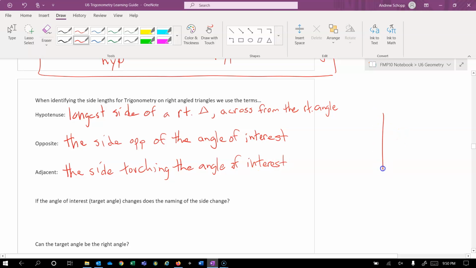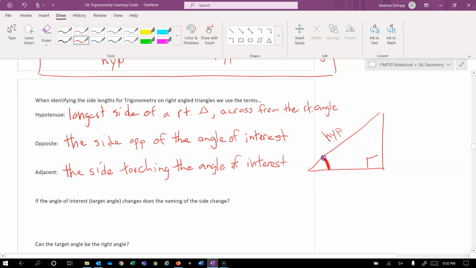So if we have some right triangle and we have an angle of interest, either the angle we know or the angle we're looking for, we can then label the sides. The hypotenuse doesn't matter where the angle of interest is. It's always just the longest side. But the other two do matter.